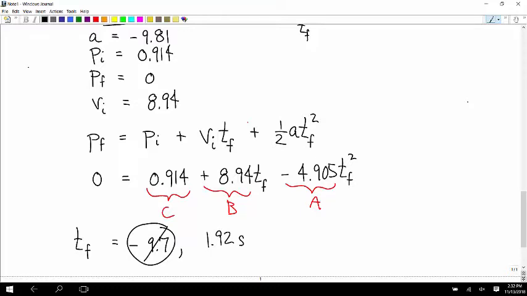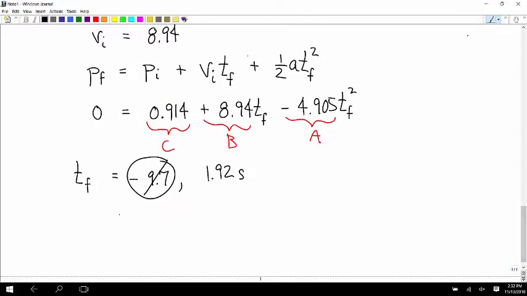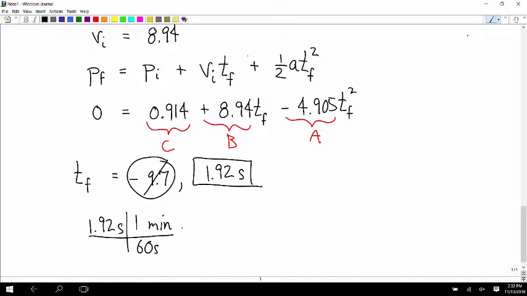And it asks for this in minutes. So this is the one that we want. 1.92 seconds, where 60 seconds is 1 minute, gives you about 3.2 times 10 to the minus second minutes. Any questions about that one?